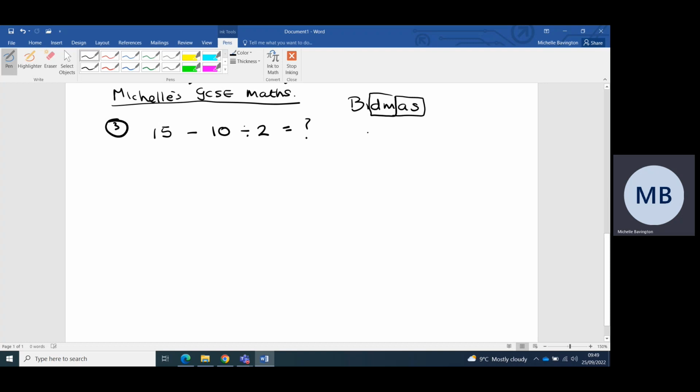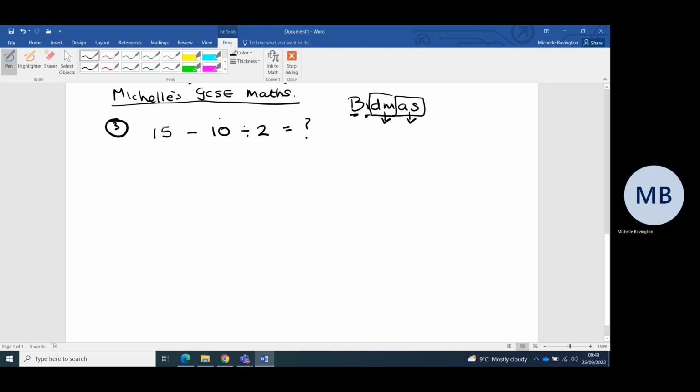I like my blocks. So we've got brackets, indices, so your powers, what we've just done. Divide and multiply together, and add and subtract. And we must do the sums in that order.